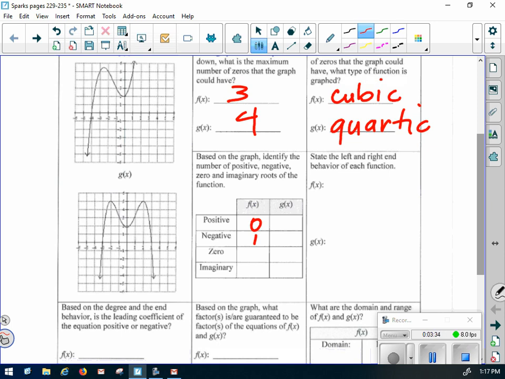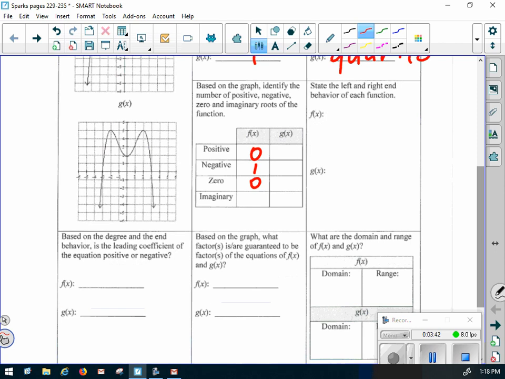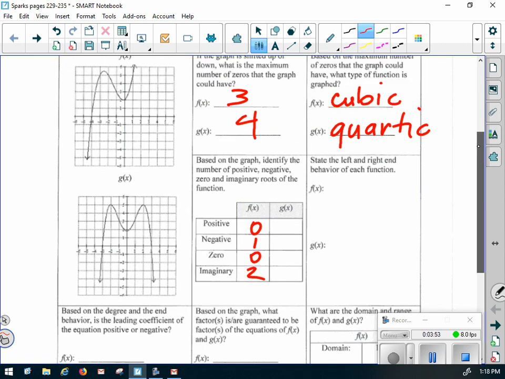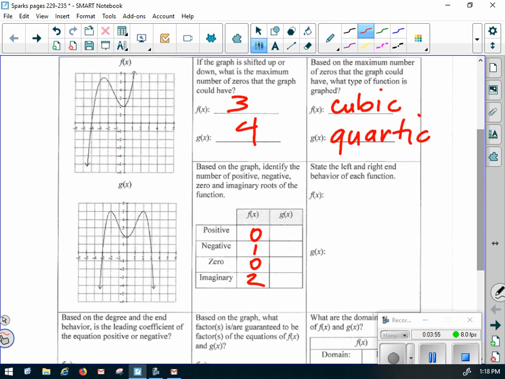None. But we've got to have 3 because the thing's cubic. Where are the other 2? They're imaginary. That's x equals negative 4.